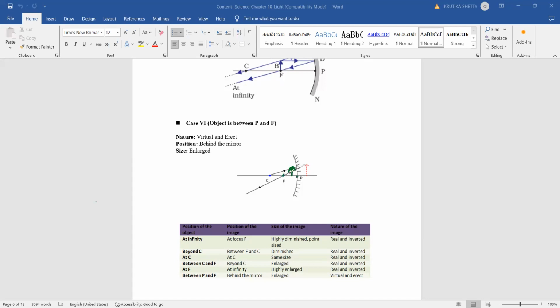As it is between the pole and the focus, the object is very close to the mirror, correct? In this case, the image formed by the concave mirror is virtual. You can see it is formed behind the mirror. You can see this arrow mark, so this is the image.